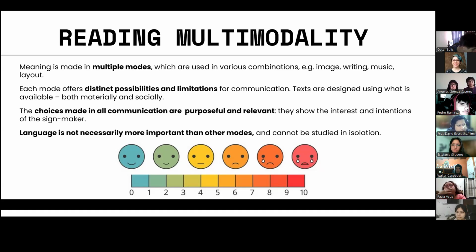But if we're trying to understand, for example, a culture or a society or a specific item, like a movie or a song or a classroom, the language being used is not necessarily the most important, and it has to be studied with all of the other modes together because, as we said before, they combine with each other and they all have distinct possibilities and limitations.